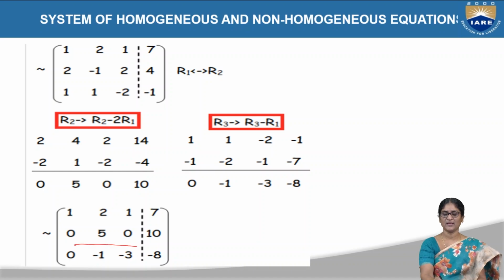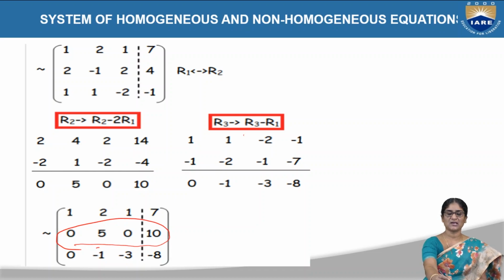This replaces the R2 row. Also R3 minus R1: 1, 2, 1, 7 cancels with 1, 1, minus 2, 1 in the third row of our augmented matrix, giving 0, minus 1, minus 3, minus 8. So replace all these values.